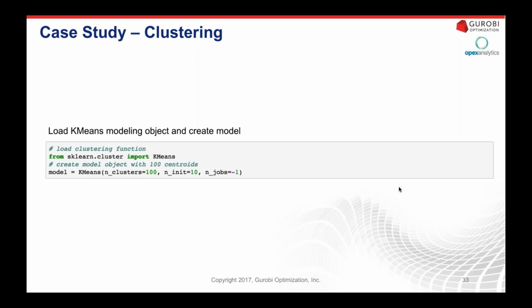The next argument that we pass is n_init equals 10. Just to give a little bit of background, knowing that we have a broad range of knowledge bases on machine learning, if you're more of a beginner, this is the number of initializations that the k-means algorithm will test.